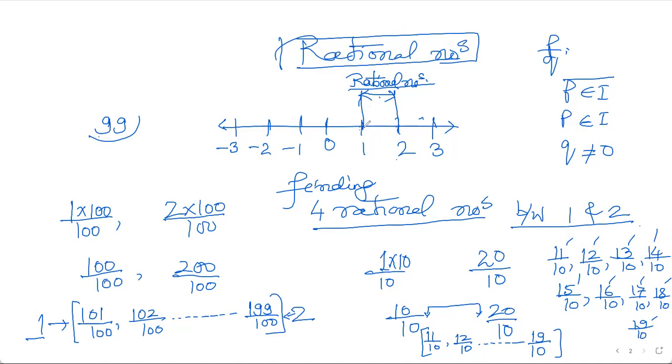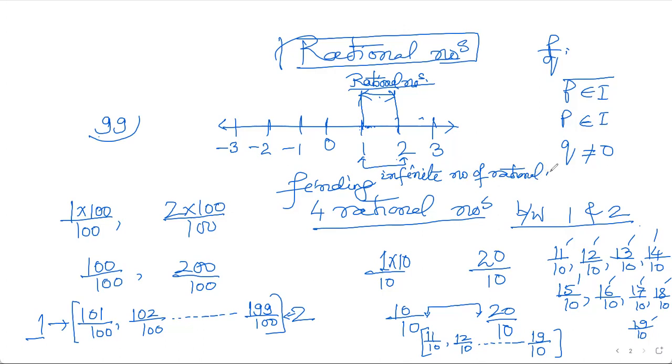So if you are going from 1 to 2, one small dot is representing a number. One small dot between the dots, and even smaller dots are representing a rational number. So between two given numbers, you can always have an infinite number of rational numbers. Infinite number of rational numbers can be calculated between two given integers.